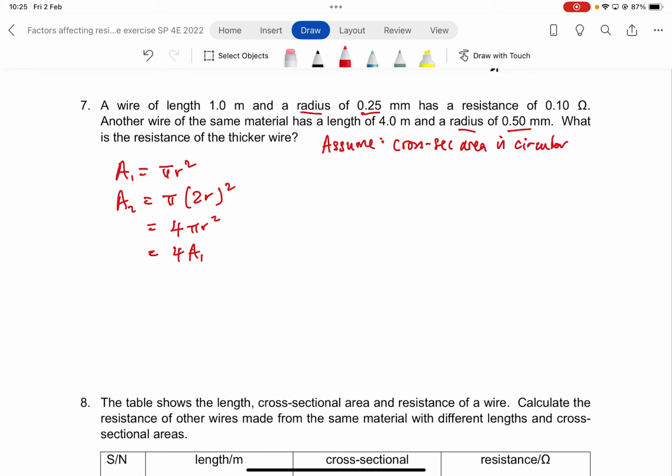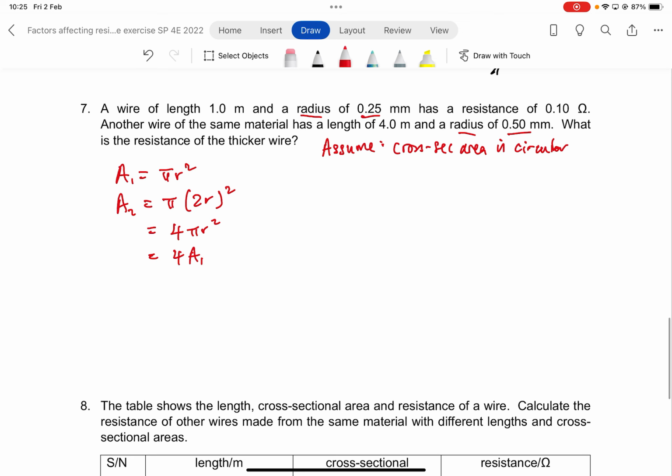If you halve the radius, then you quarter the area. Understand? You have to square it. Once you know this relationship, the rest is easy. The length is increased from 1 meter to 4 meters, and the area is 4 times. So we continue with our normal working.